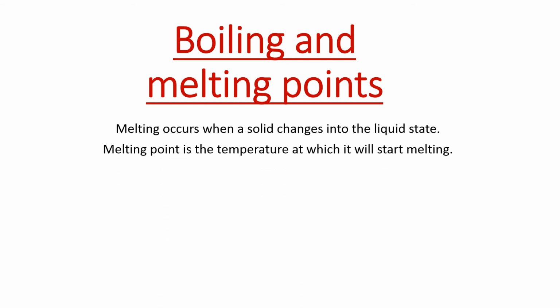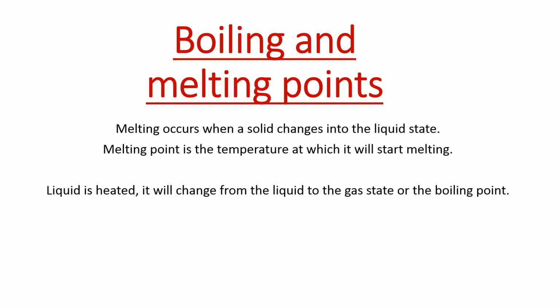Boiling and melting points. Melting occurs when a solid changes into a liquid state, like for instance an ice cube. When we freeze the water it is solid, and when we leave it outside it will turn back into a liquid. That is melting. Melting point is the temperature at which it will start melting.